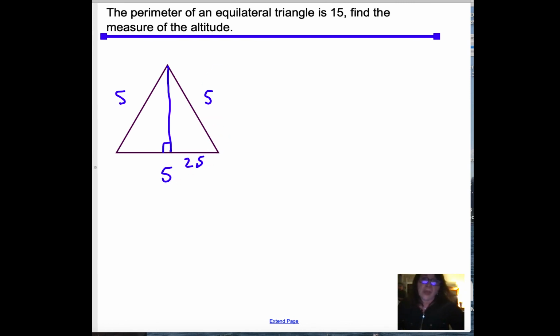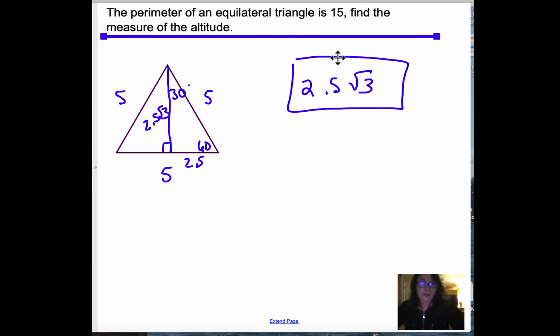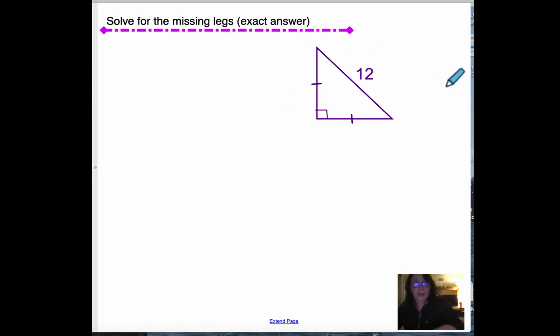And then we have a 30-60-90 right triangle, and therefore across from the 30 is your A, across from your 60 is going to be A root 3, which is 2.5 root 3. So the length of the altitude is 2.5 root 3, and that's your answer. You can just leave it like that, that's fine.